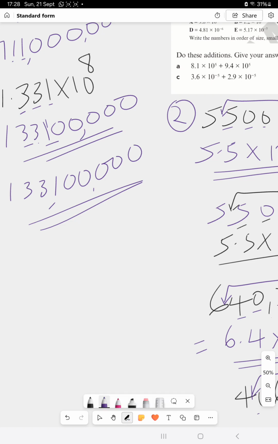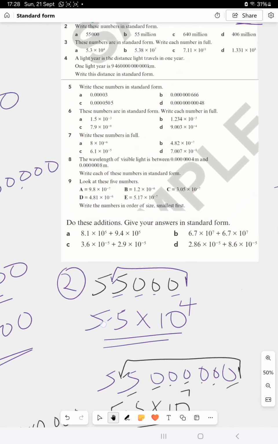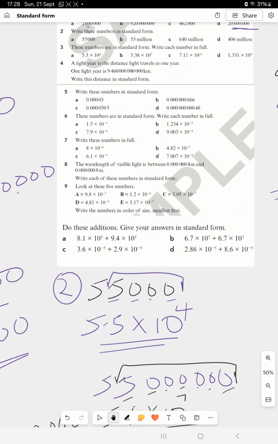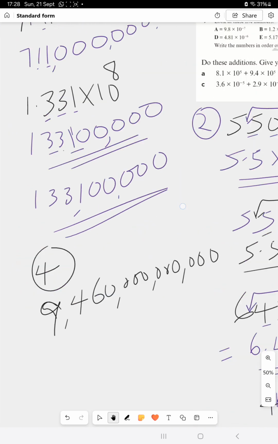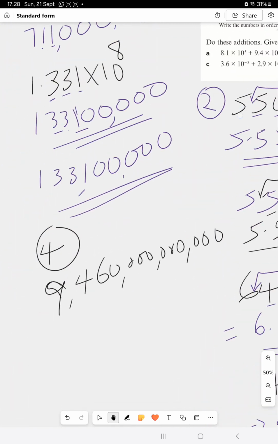Number is this for question 4: 9, then 460, then 0 0 0 0 0, like this. I believe this is the number, just to confirm. How many zeros? 1 2 3. Yes, correct. Then you're told, write this number in standard form.